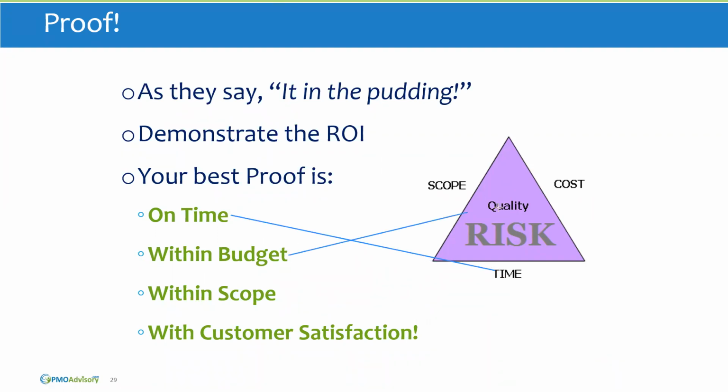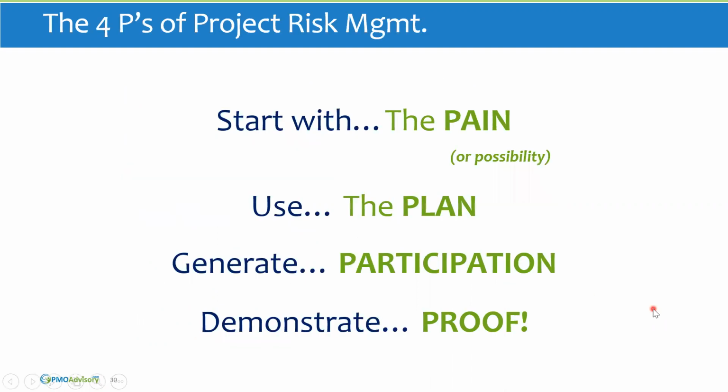We've got our within budget, we've got our within scope, and we've got our customer satisfaction. And we're helped to do all of those things by identifying and managing our risk. So that's a circle around there.